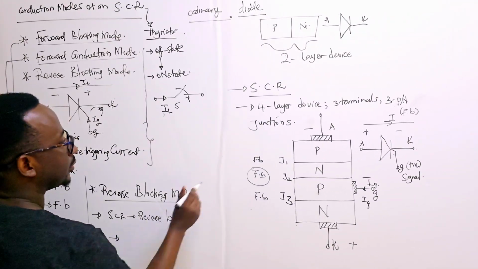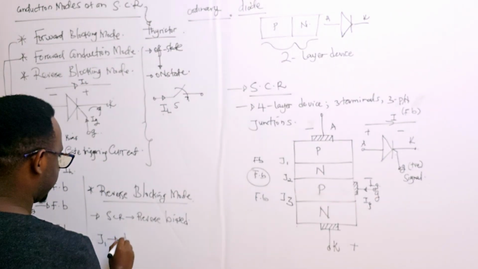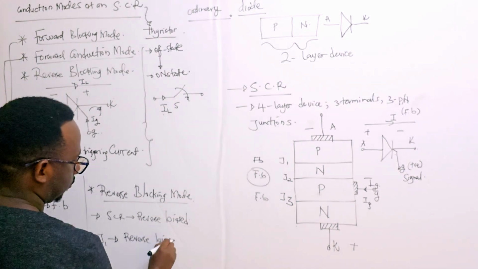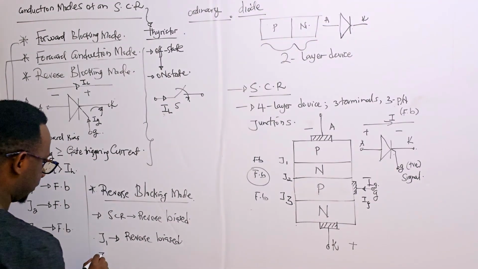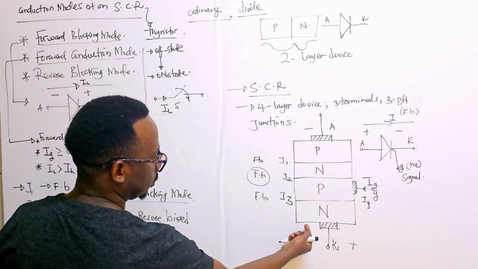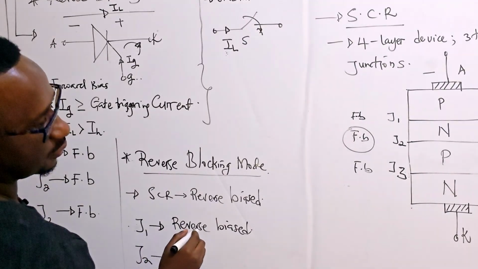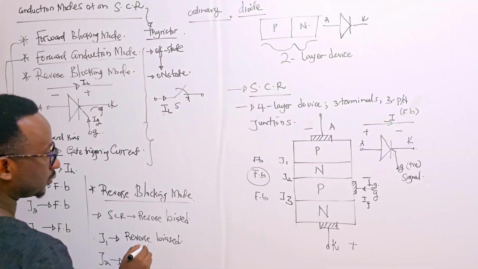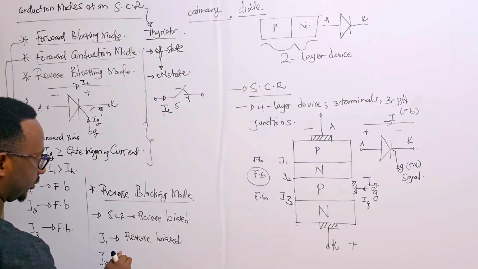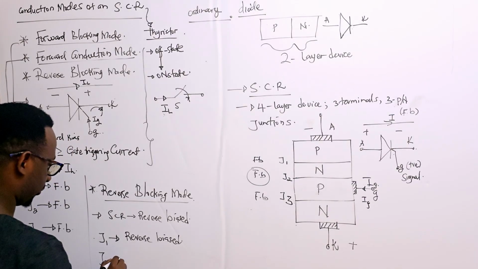J1, junction 1, PN junction 1 is reverse biased, junction 2, J2, so J2 is, hold on, so let's first, to make sense, let's first go with junction 3.